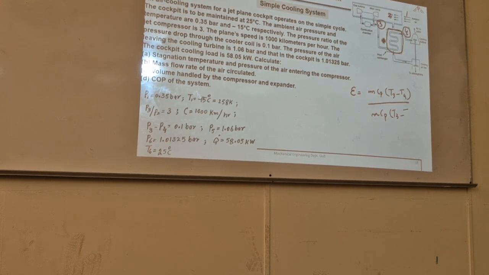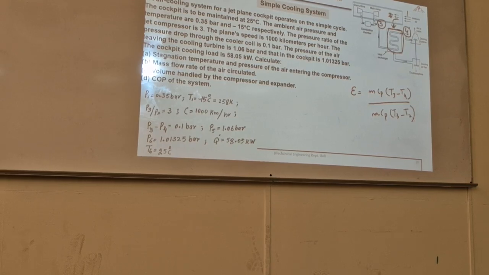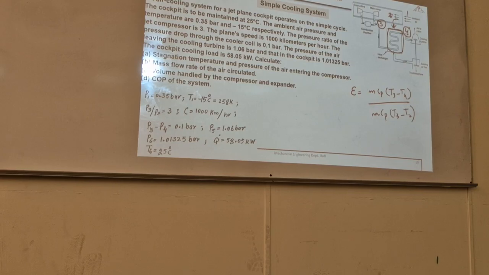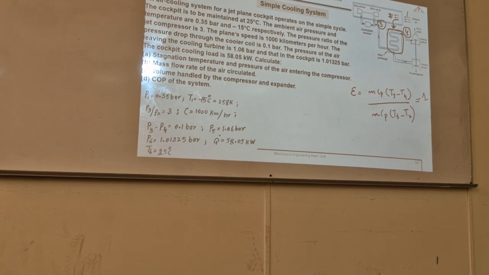Maximum possible, this heat is exchanged with this air. So it means point 4 temperature becomes point 2. So that is the maximum possible. This effectiveness is also not given, so we will assume it as 1, maximum. If it is given, okay, use it.